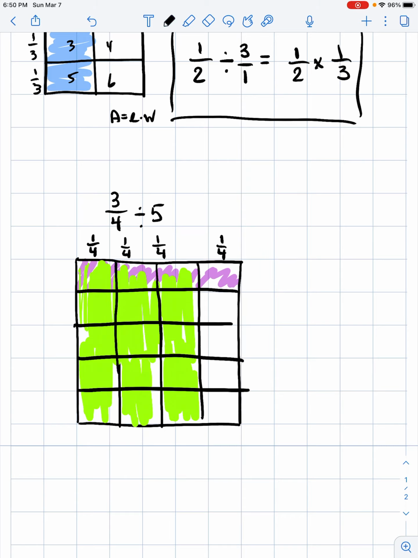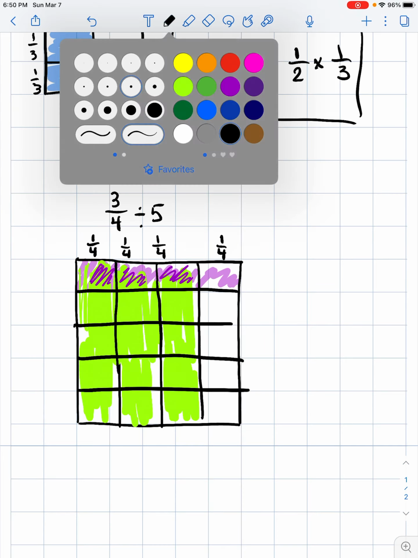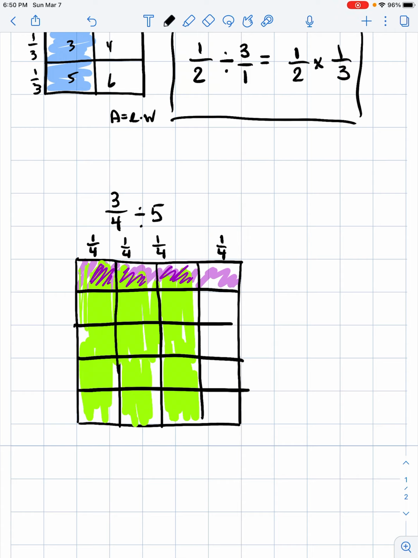Okay, and let me kind of fill this in a little bit. Okay, so what am I interested in? I am interested in 1 piece, right? I'm interested in the part of this model that is double shaded, because remember, we're not counting the 1/4 that's not shaded. So I am interested in this rectangle.